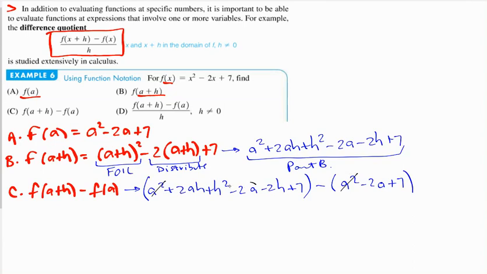We have a negative 2a, and we're going to subtract a negative 2a, so that double negative turns into a plus, and they cancel. And we have 7 minus 7, so they cancel. So part C leaves us with 2ah plus h squared minus 2h.